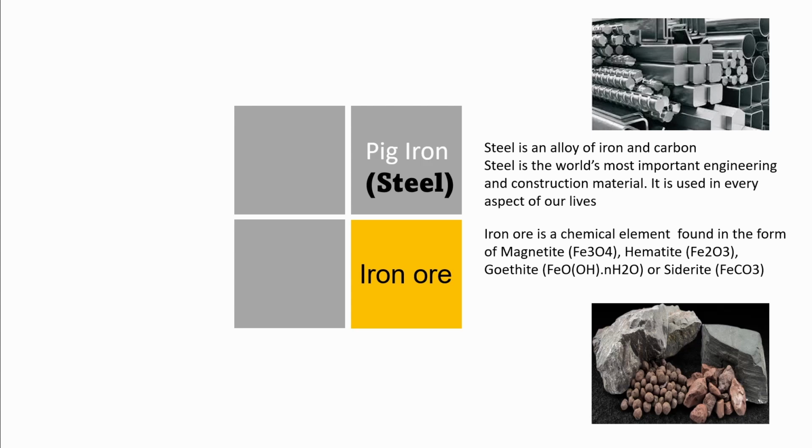Basically, when iron has to be made, there are three main ingredients, and one of the ingredients is iron ore, of course. The iron ore or the iron oxides we talk about, which has the chemical symbol Fe.